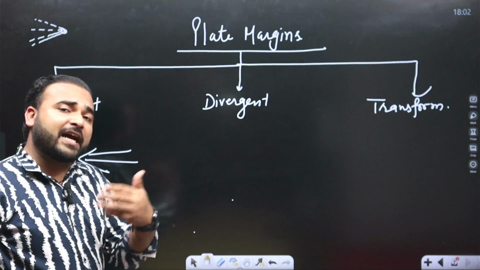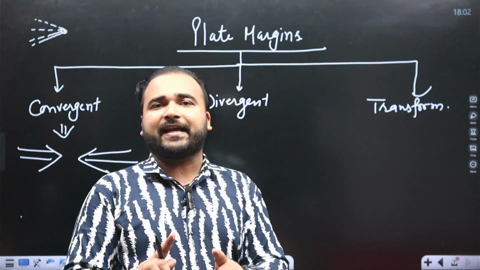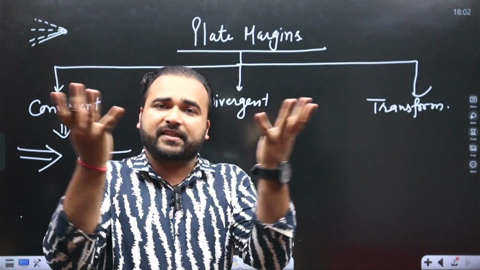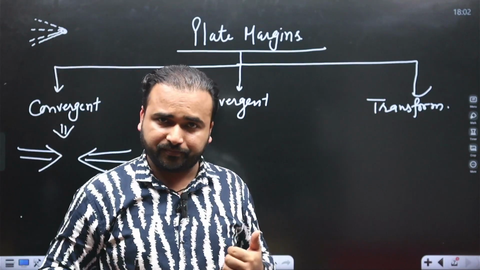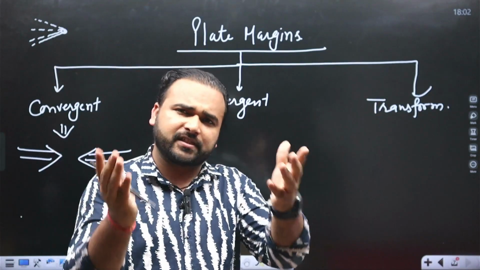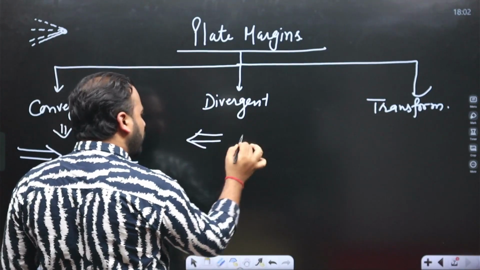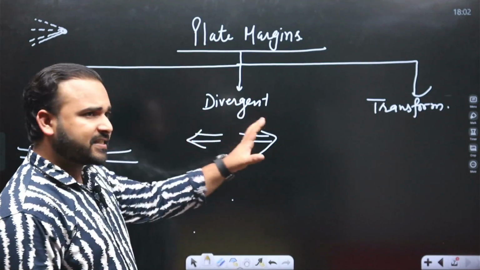And what about the divergent lens? The concave lens is known as a divergent lens because there is divergence, spread or expansion of energy, or of light waves. So when two plates move away from each other, it is known as divergent.